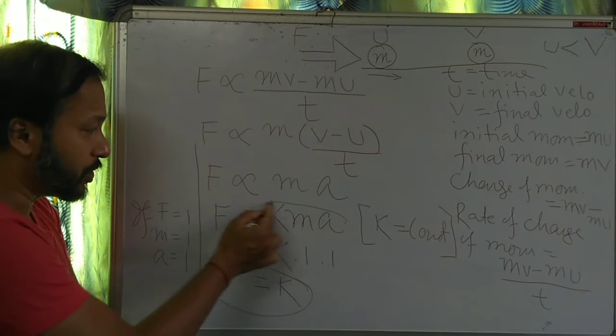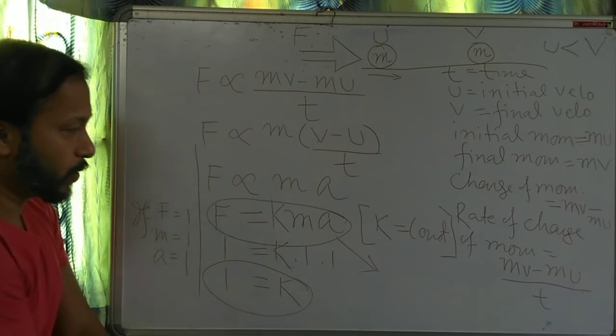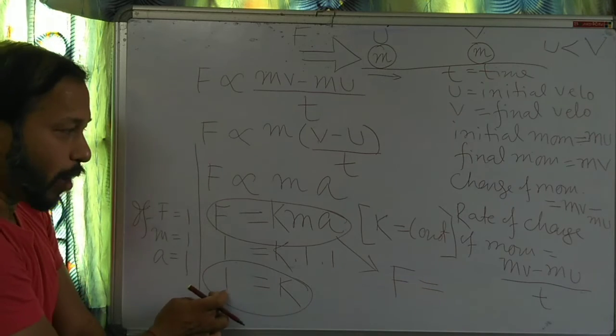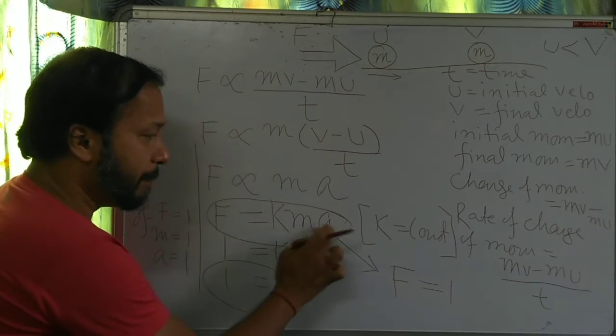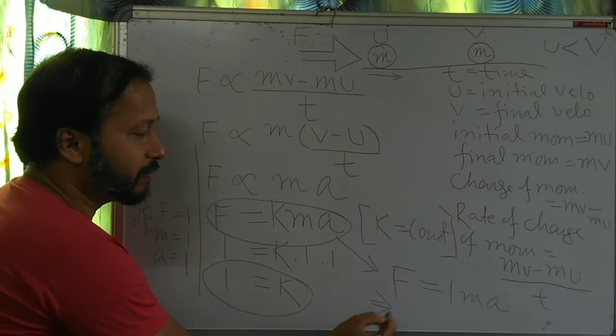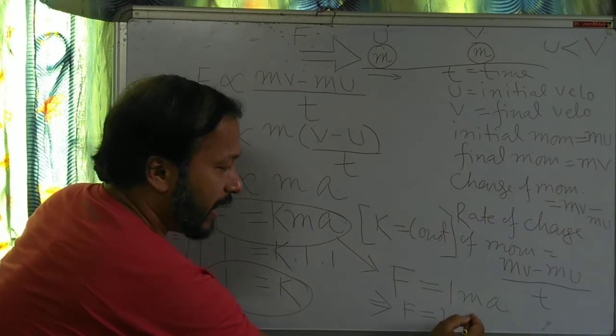Now use this equation. From this equation, f equal to k means 1. So we are writing 1, ma. So what we are getting? F equal to 1 into ma.